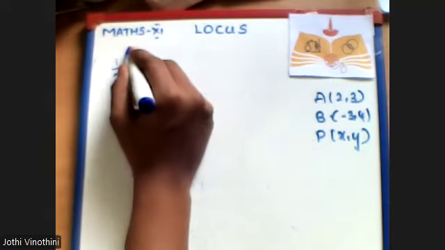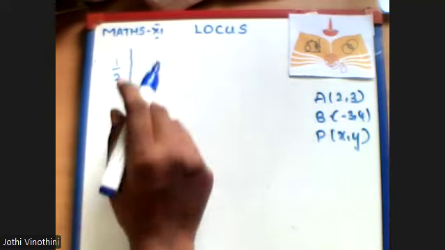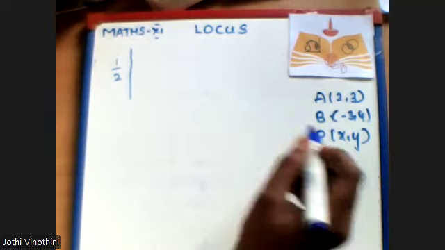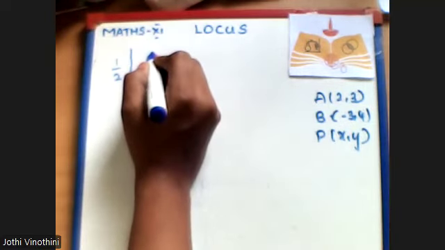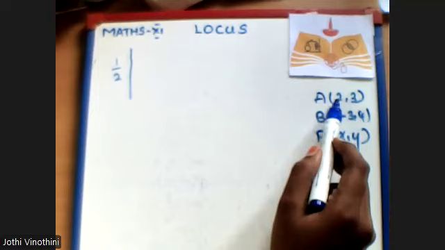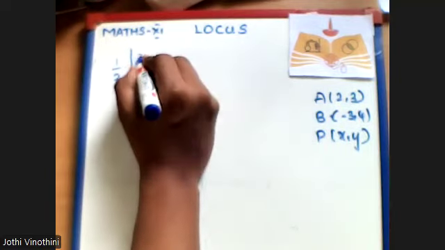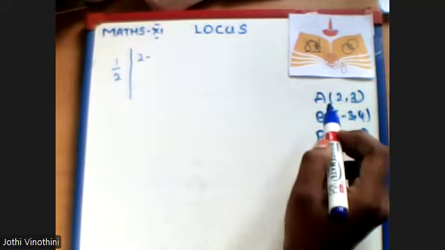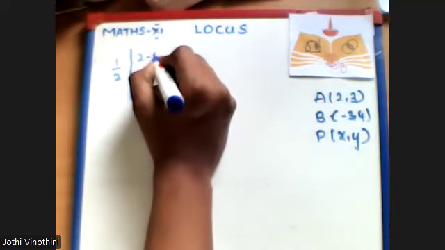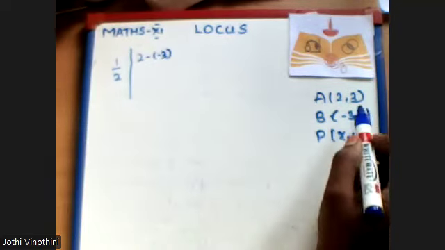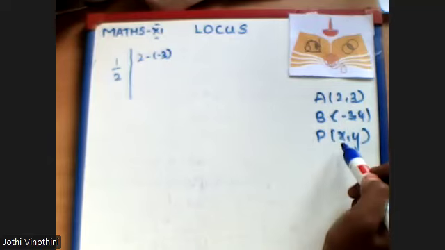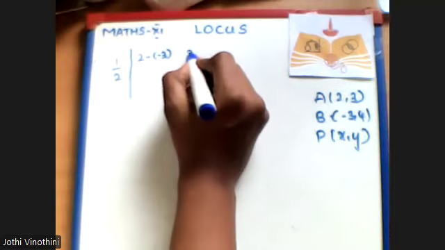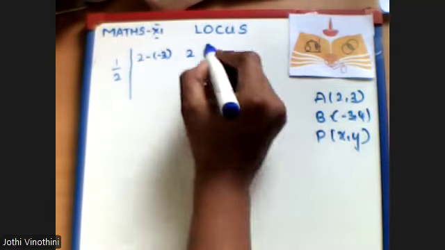1 by 2 times the determinant of x1 minus x2. Who is x1 here? 2. So 2 minus, who is x2 here? Minus 3. So 2 minus of minus 3, and x1 minus x3, who is x1? 2 minus x.